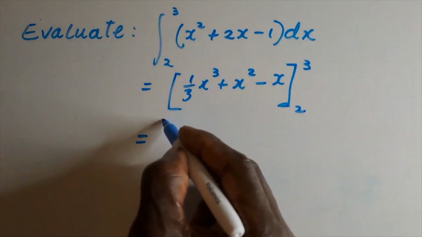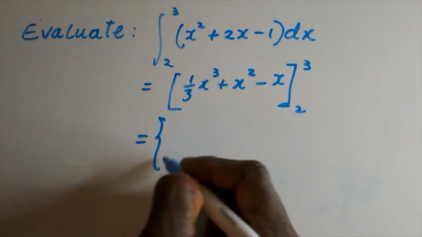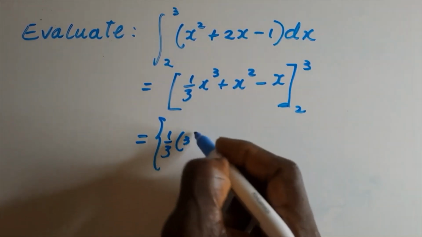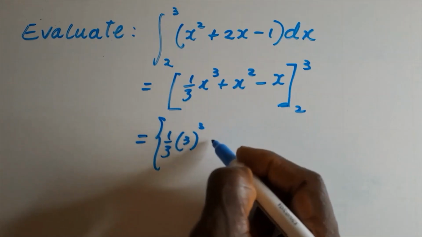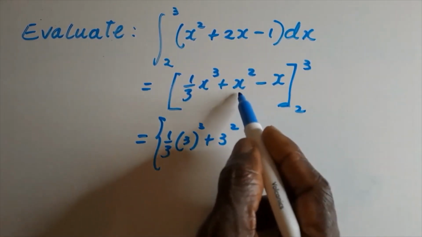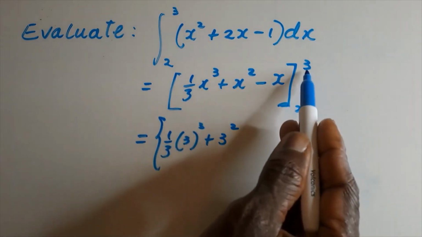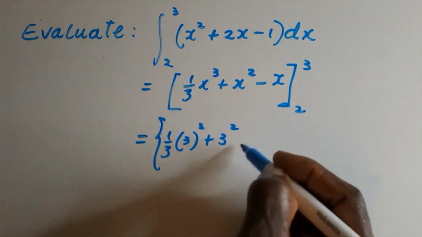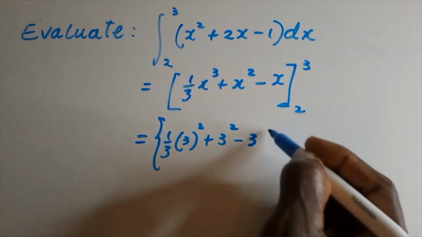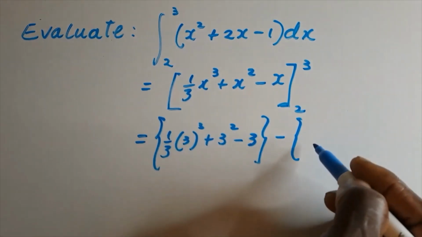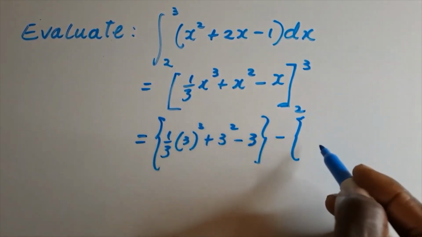We'll use curly brackets. So the upper boundary, we have 3 cube, 3 square. So wherever x is replaced with the upper boundary 3 in this pair of curly brackets. And in this pair of curly brackets, we use for the boundary of 2.